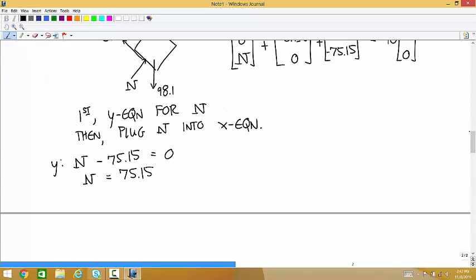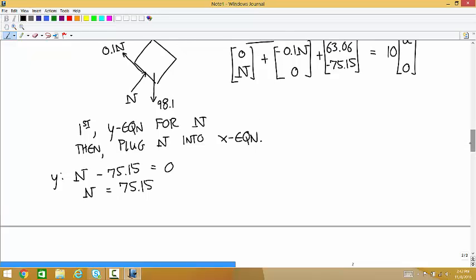Then plug that into the x equation, and you get negative 0.1 times 75.15 plus 63.06 is equal to 10a.